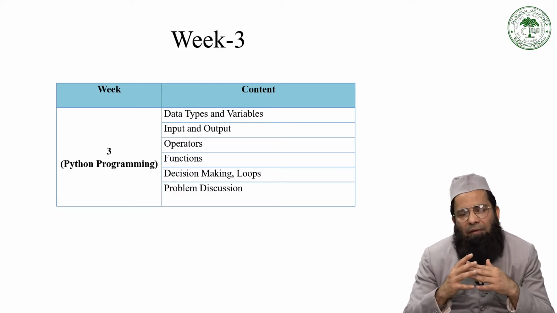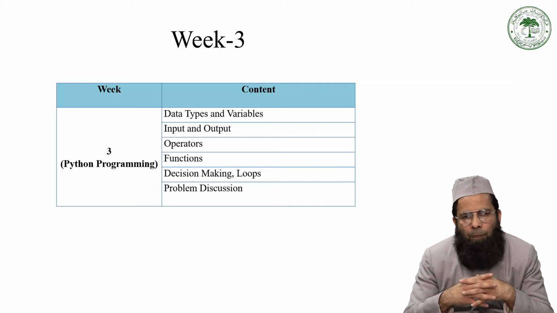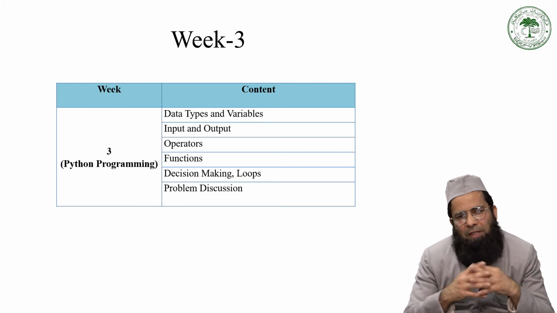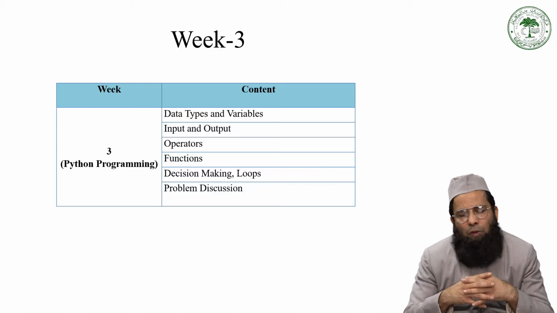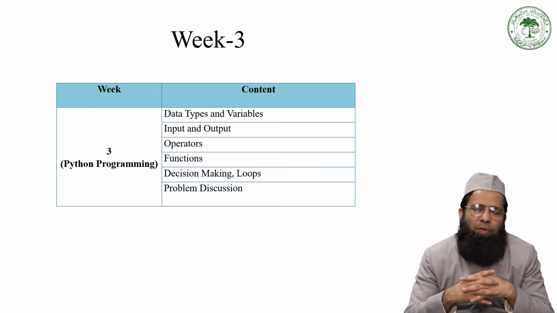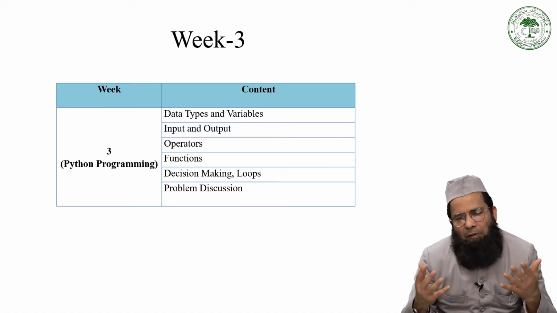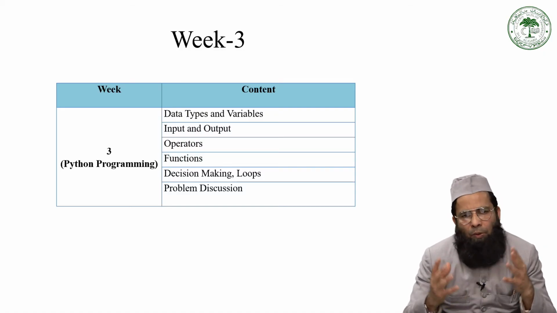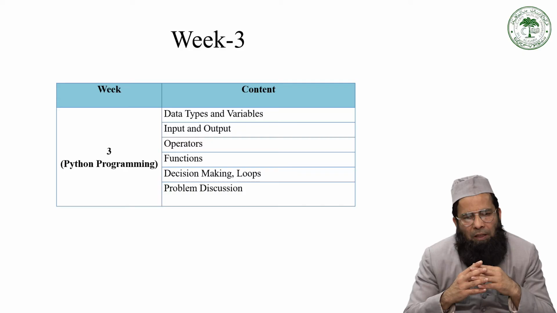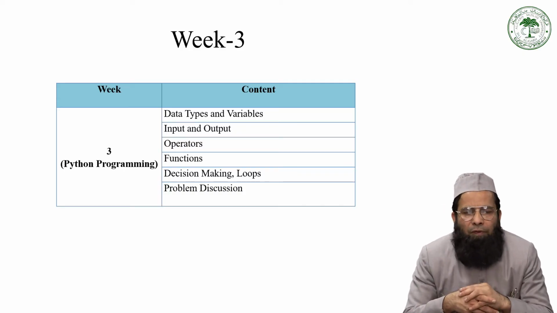We'll discuss how we can create user-defined functions. Then we will move on to discuss decision making and looping constructs. There are different types of loops used in Python programming, such as for loop and while loop and so on. We have certain problems specific to these concepts of Python programming.